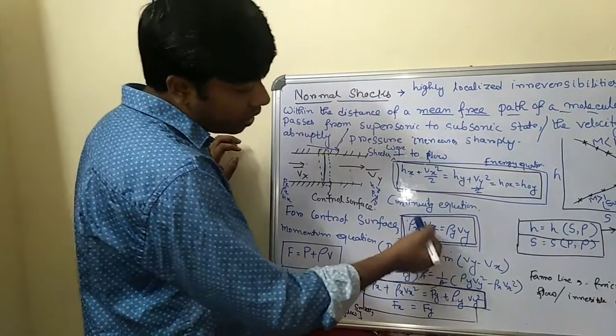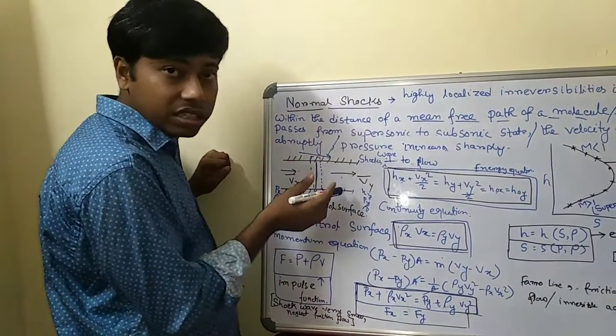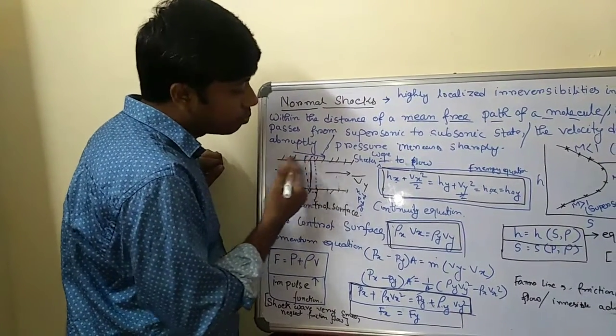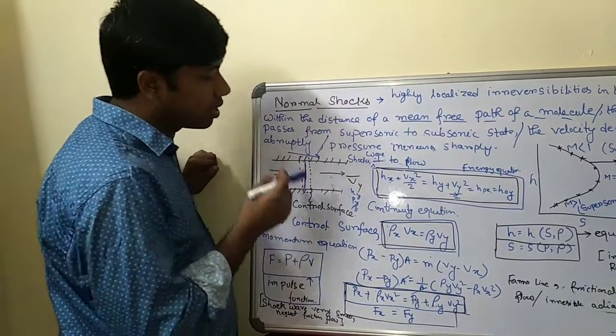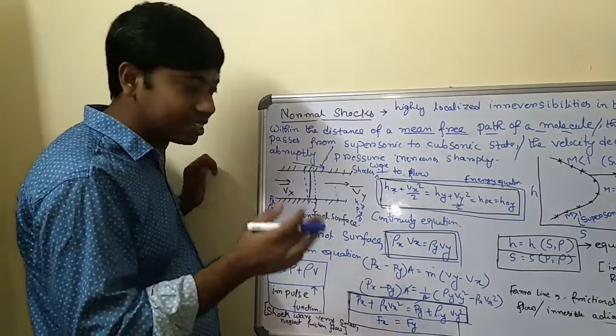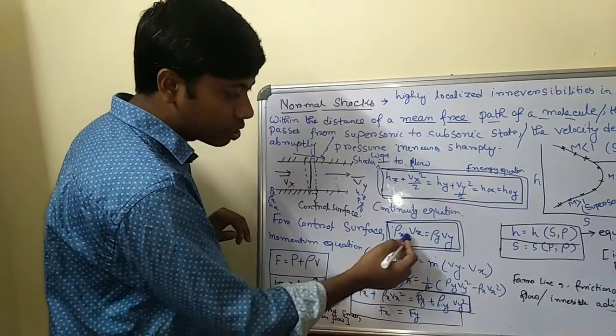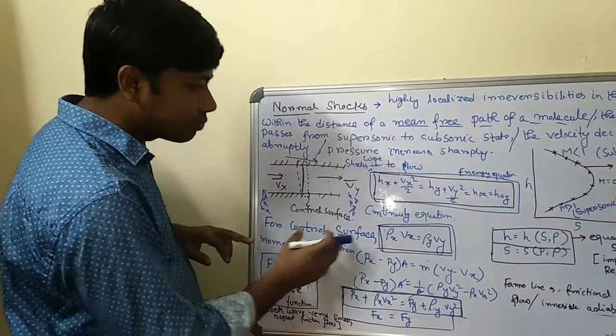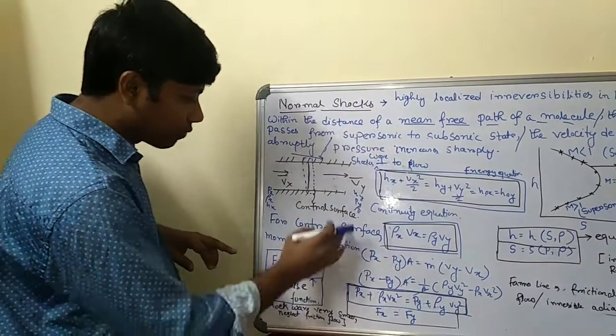Why is A not here? Because A is the cross-sectional area through the shock wave. A is the same in both cases, and it's a very thin shock wave. That's why A is cancelled in both cases, and the equation becomes rho x Vx equal to rho y Vy. That is the continuity equation in the control surface.